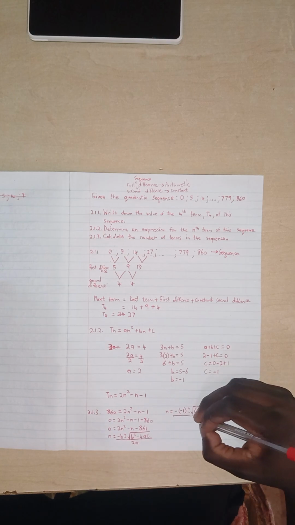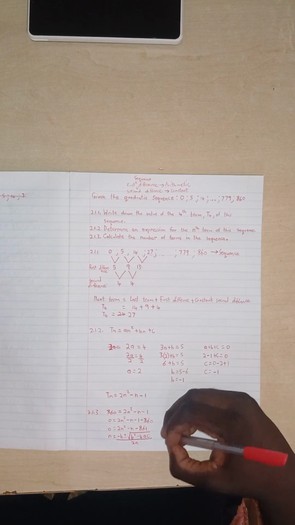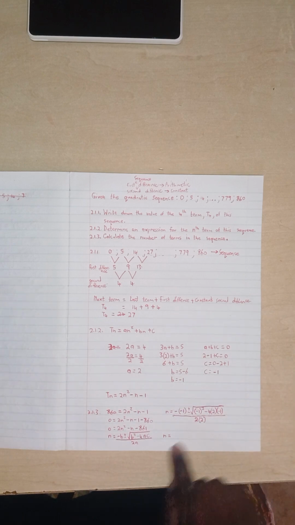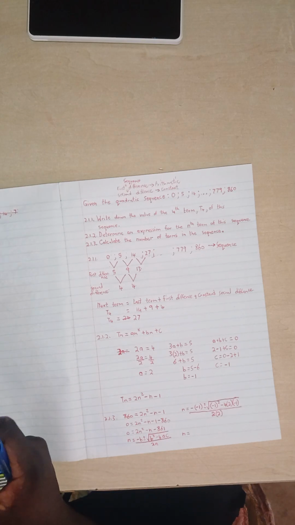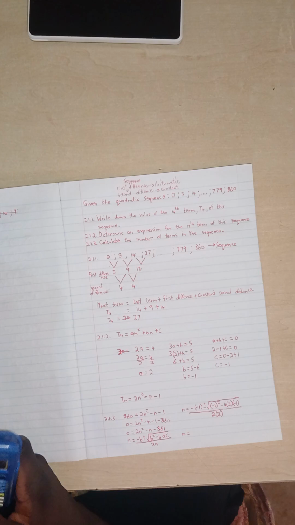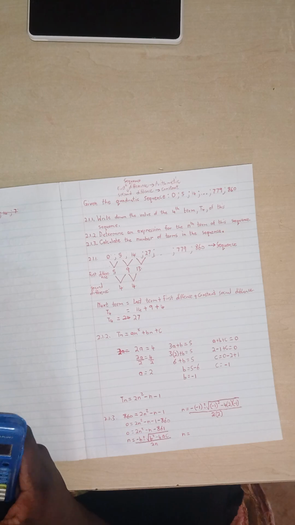Divided by 2a, our a is 2. Then let's get the number of terms. Let's punch this on our calculators: negative 1 plus the root of negative 1 squared minus 4, a is 2, c is negative 1, divided by 2a, a is 2.